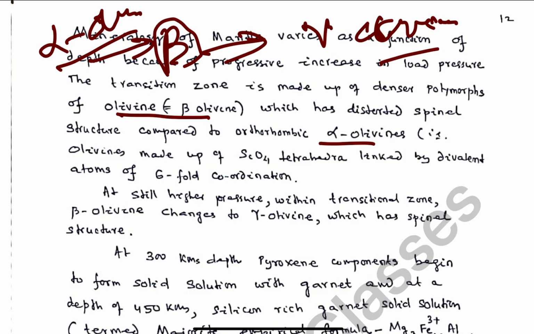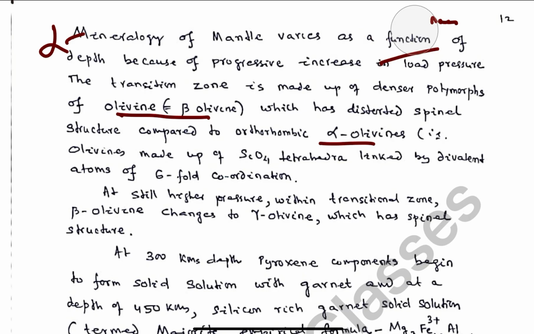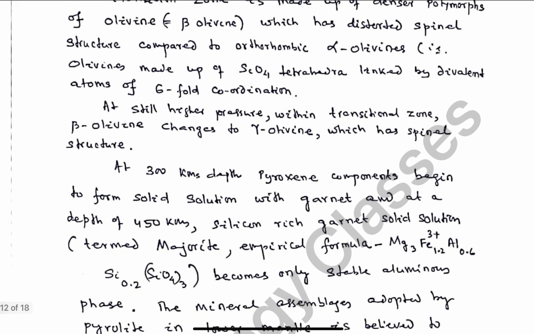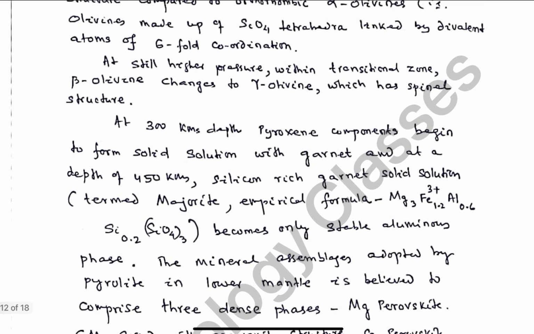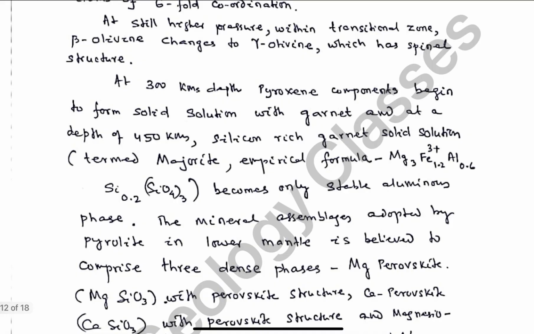Similarly, there is transformation of pyroxenes. The orthopyroxenes and clinopyroxenes show a change with depth, and they form solid solution with garnet to form majorite within the transitional zone.